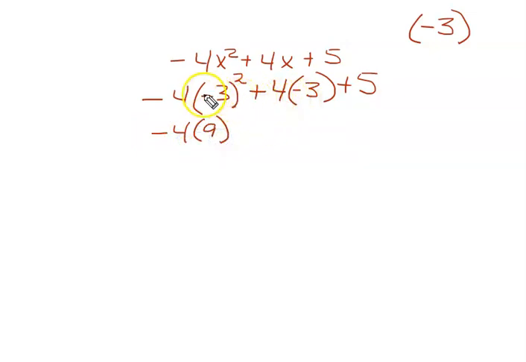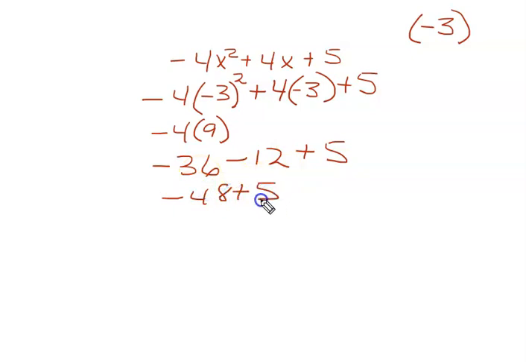And we could actually start to solve it because the rest is just multiplying. So this will be a negative 36. This is going to be a negative 12. And this will be a positive 5. So again, adding these two together, you get a negative 48 plus 5.